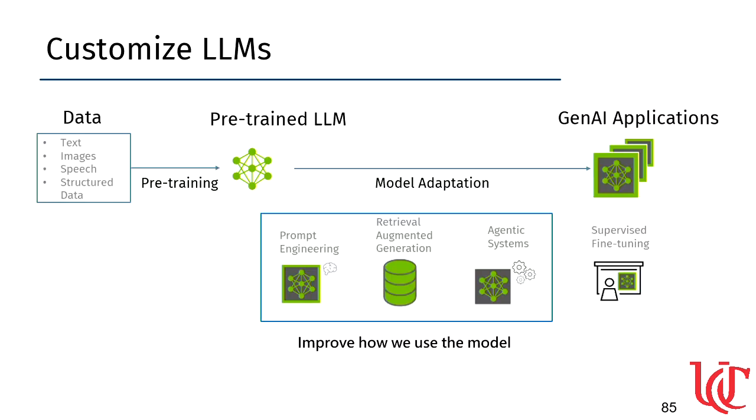A third approach is you can build up agentic systems. You build up AI agents, and let the AI agents work together collaboratively to achieve certain tasks. So those are some different approaches to improve how you use the model so that you could get better results.